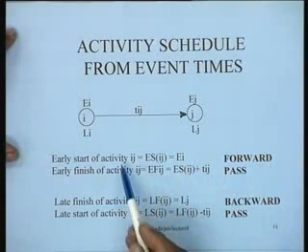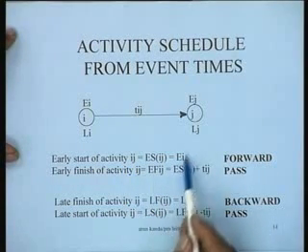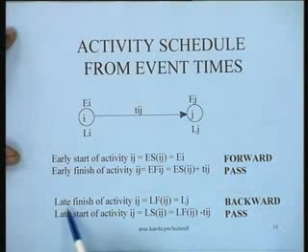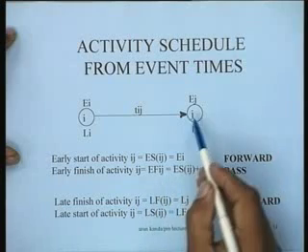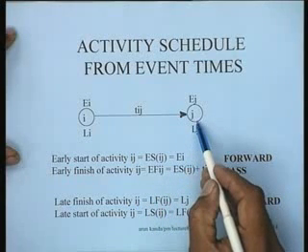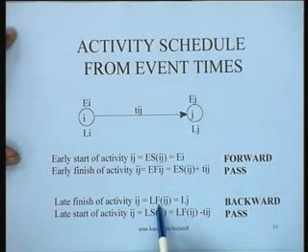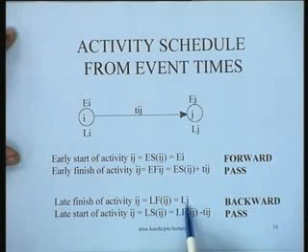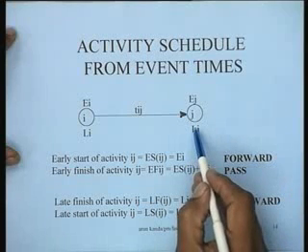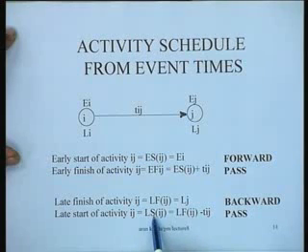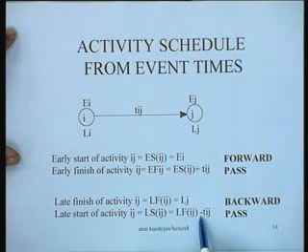And remember that the early start and early finish of the activities, both of them have come from the forward pass. Similarly, the late finish of the activity is determined by the latest occurrence time of the terminal node. So the latest finish of the activity ij is nothing but l_j, and therefore the latest start of the activity ij is determined by subtracting from the latest finish the duration of the activity, and so you get the latest start of the activity.